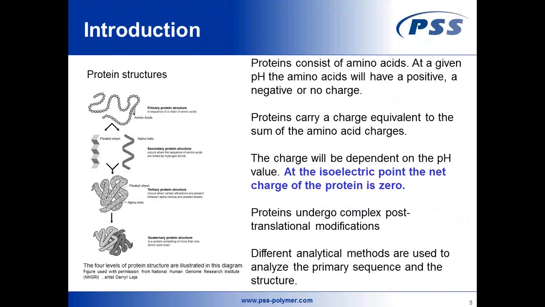So when we talk about protein analysis and what you can do with SEC, what all of you know about proteins is that we have, as indicated here on the left hand side, these various structures, from the tertiary to the quaternary, the secondary and the primary structure.